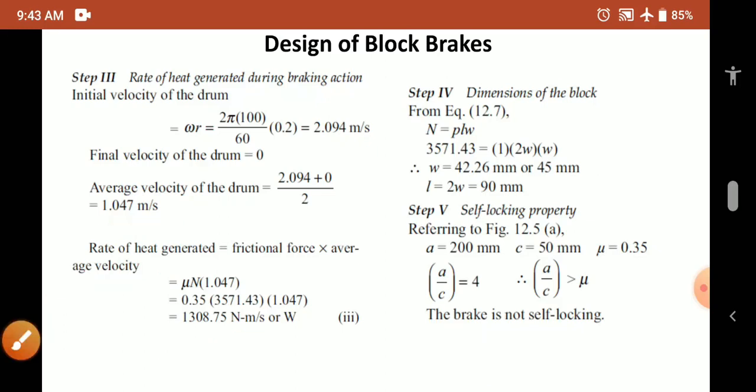After calculating the rate of heat generated, step number 4 is the dimensions of the block.